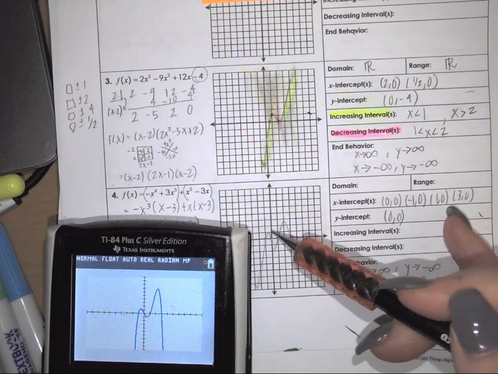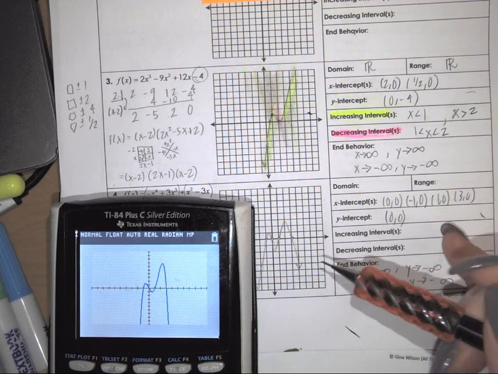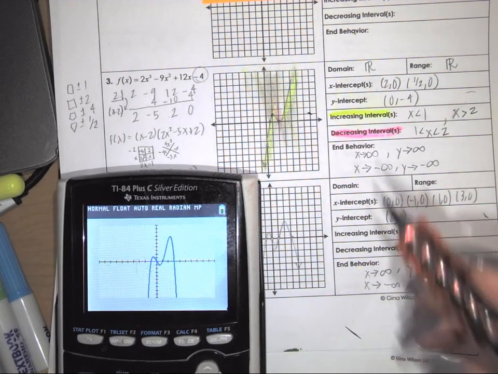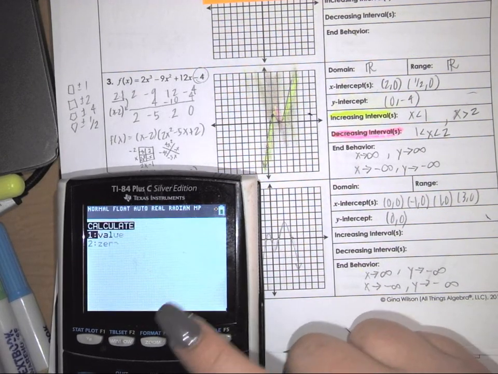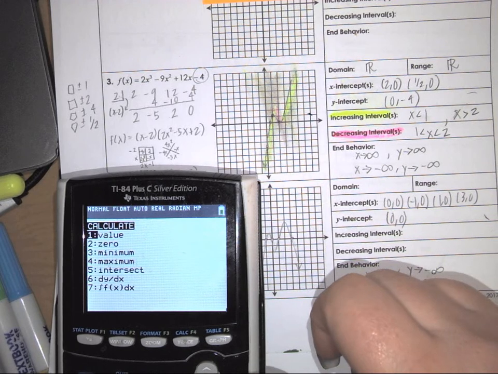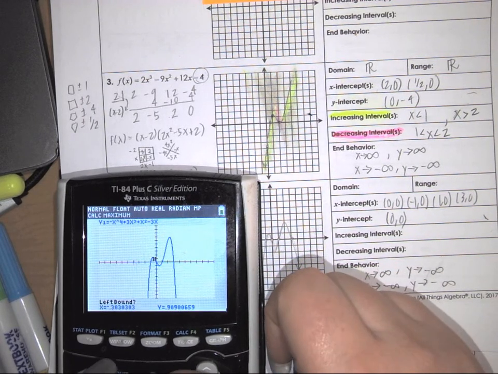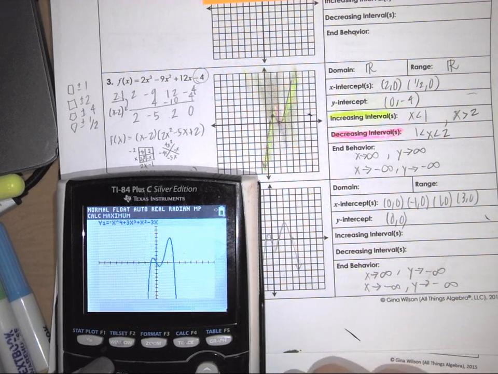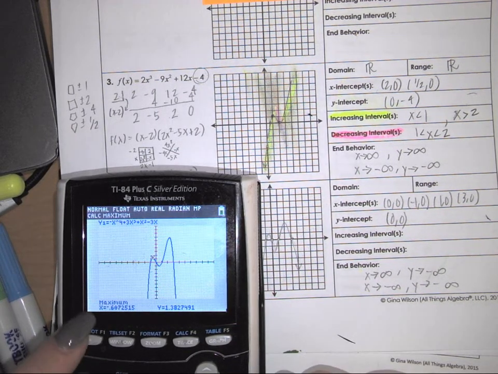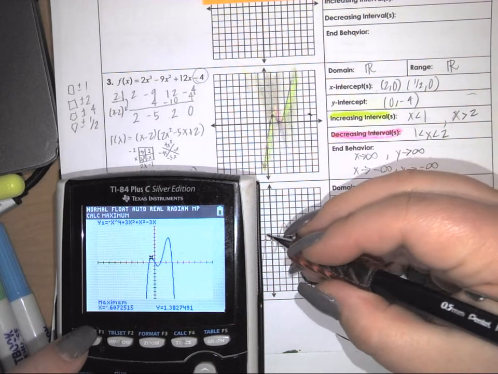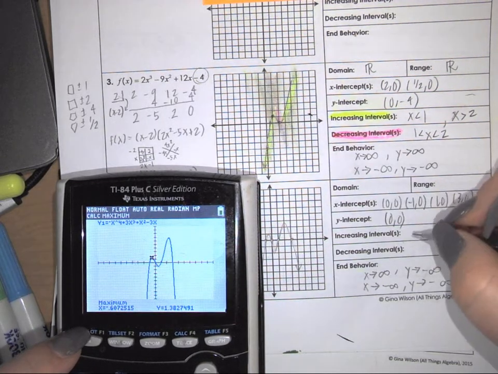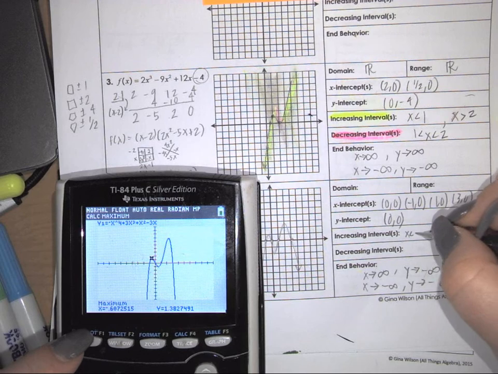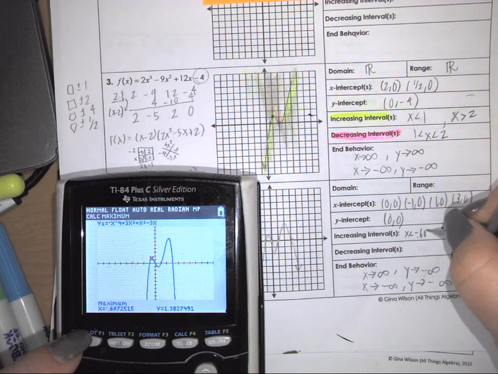So now I just need to find what these hills and valley points are. So we're going to calc, and then we're going to do the maximum. So let's find this first one here. So -0.607. So it's increasing when x is less than -0.607.